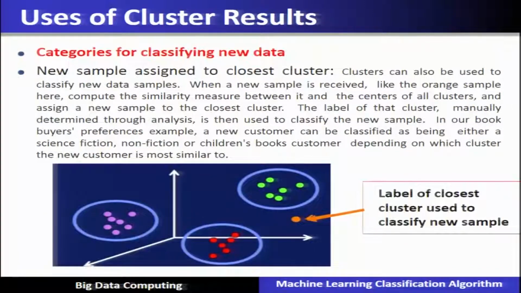Now, classifying new data. When a new sample is assigned to the closest cluster, the cluster can be used to classify the new data sample. So, when a new sample is received, like an orange sample here in this example, compute the similarity measure between it and the centers of all the clusters, and assign the new sample to the closest cluster.